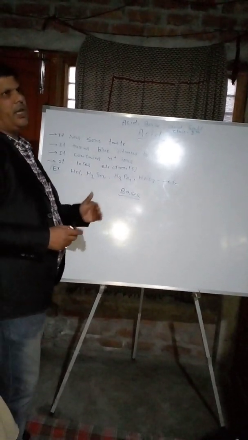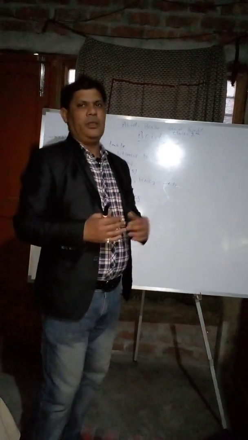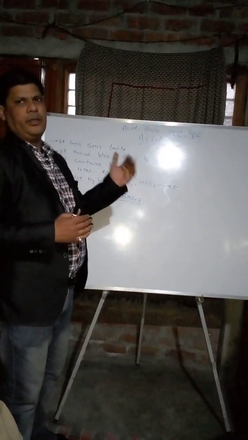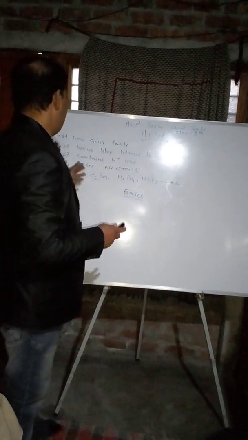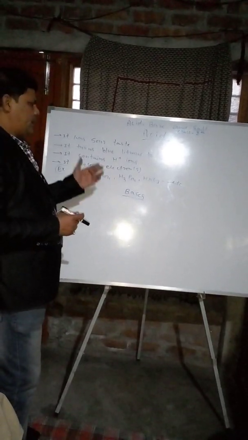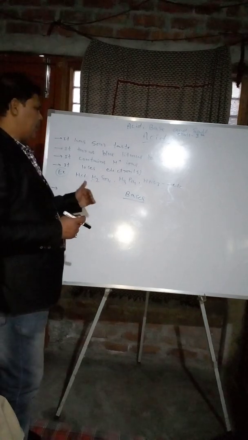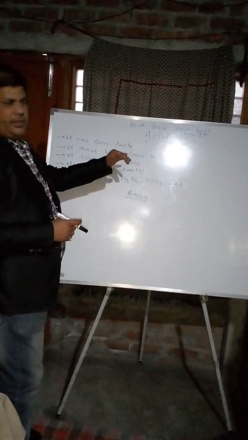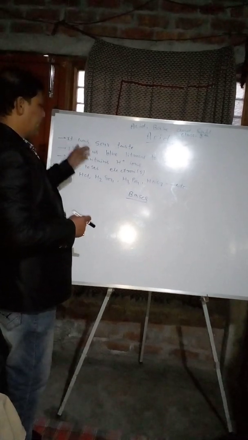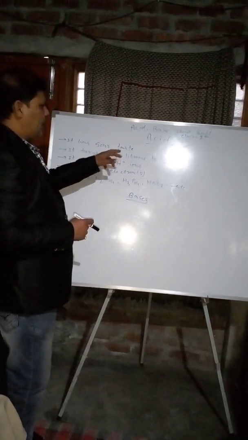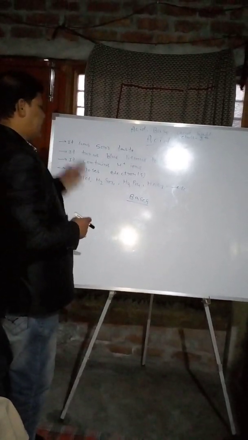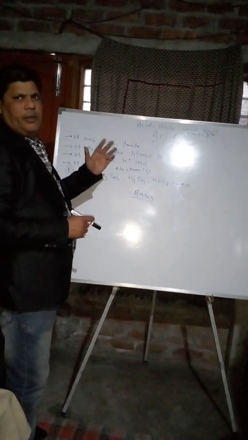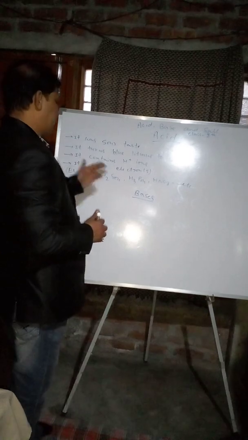So those substances which can gain electrons from the acid is base, or the base is another type of chemical substance which has bitter taste and it turns red litmus to blue and it contains OH minus ions, and it gains electrons.